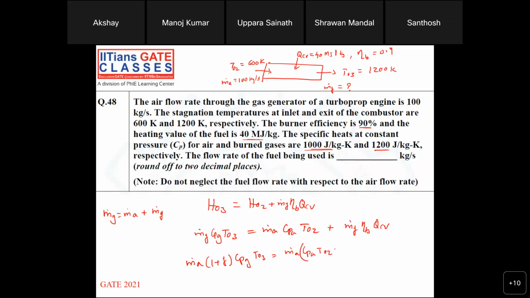If I take m dot A outside, that becomes F eta B QCV. So m dot A cancels, and I can write F as CPG T03 minus CPA T02, whole divided by eta B QCV minus CPG T03.